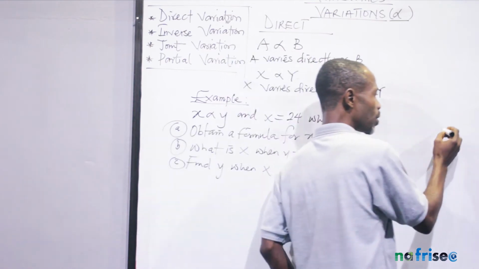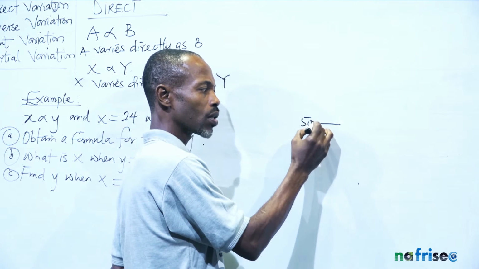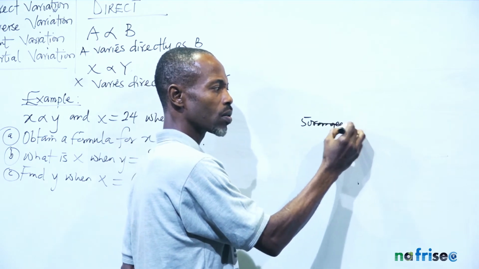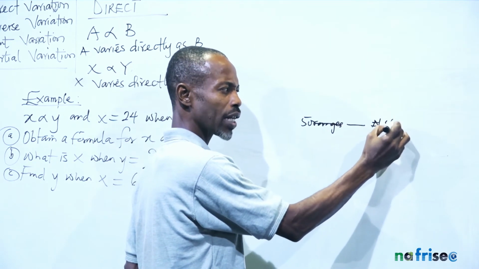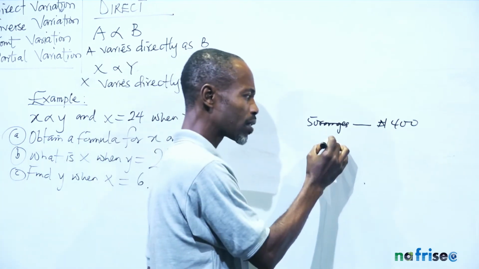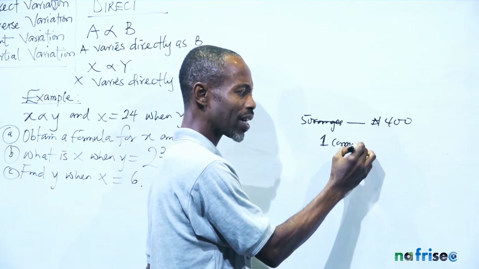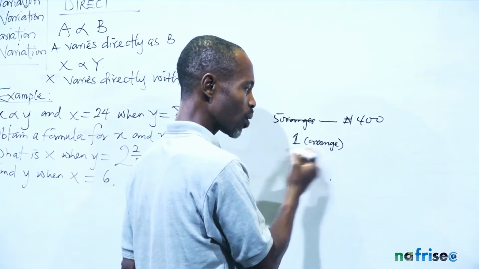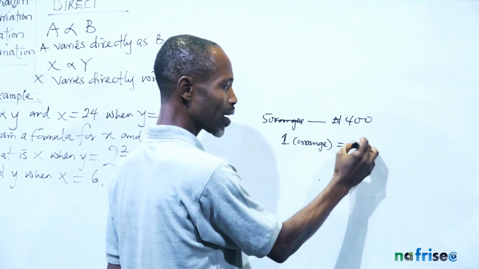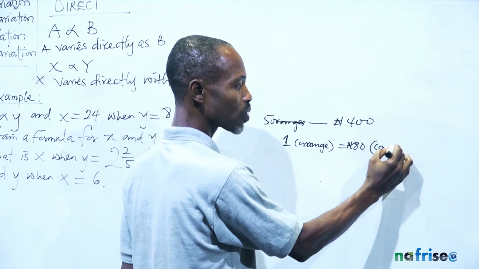Recall, I told you from the word go, 5 oranges cost, I think, 90 naira. And the average man will quickly go for the cost of 1. The cost of 1 orange that you established as 18 naira is a constant. This is a constant amount.